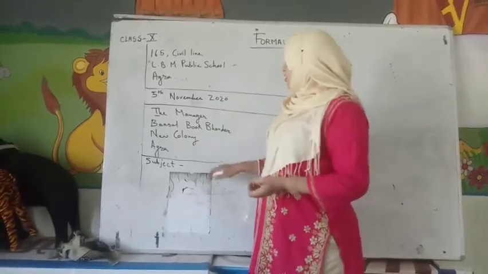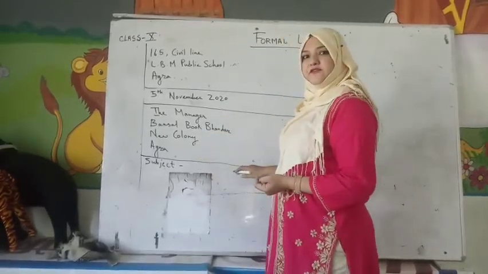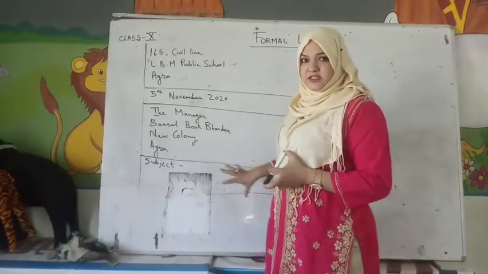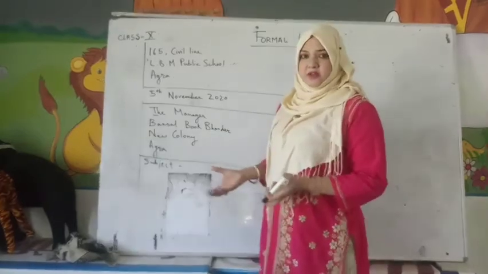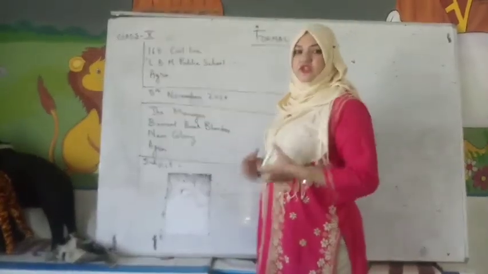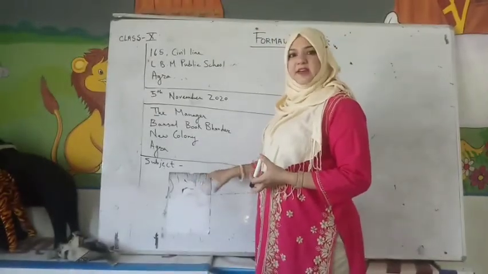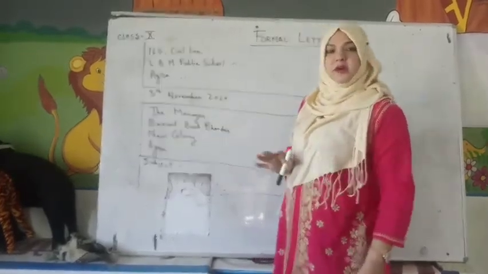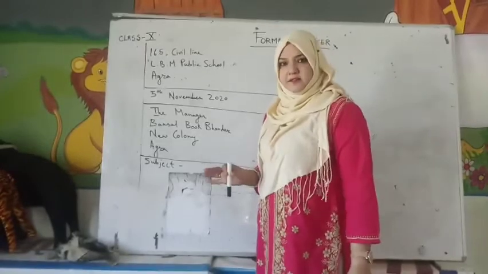You cannot write letter to the manager for, no, you cannot write like that. Okay, what is this letter? It is a complaint letter. So what are you complaining about? Complain about. And here you can change the language. Alright, you can change the way you write.